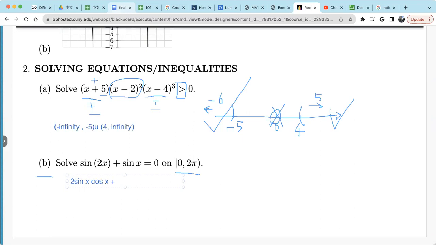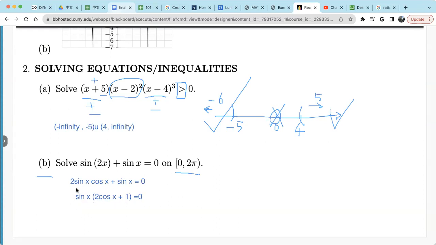So the angle now is x, right? So our angles are consistent now. And also the two terms have a common factor of sine x. Now we want to factor out sine x. Then we have 2 cosine x for the first term, then 1 for the second term, that equals 0.